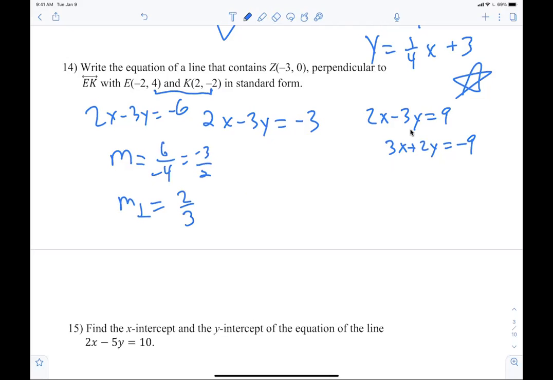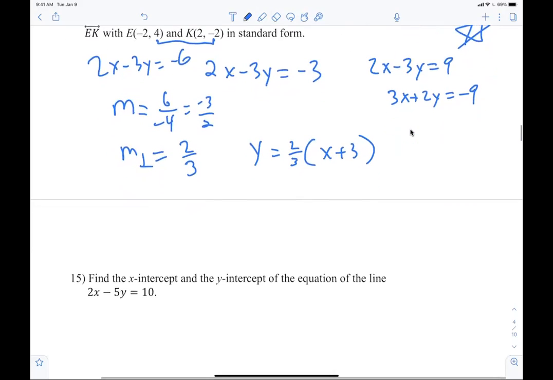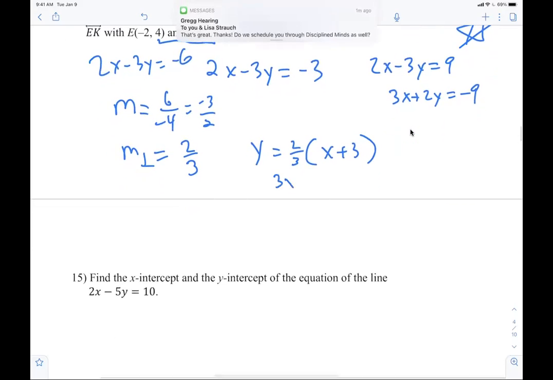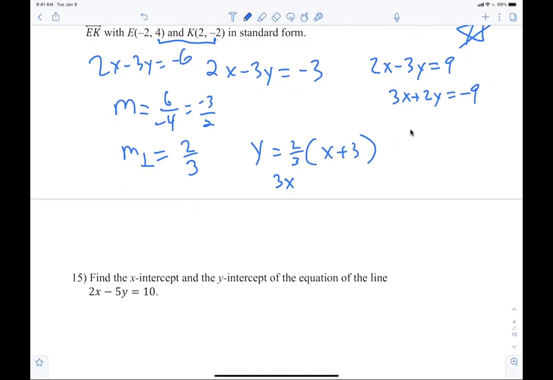And so now we would say y minus 0 equals 2/3 times x plus 3, right? Multiply by 3, 3y, I'm sorry, 3y equals 2x plus 6.